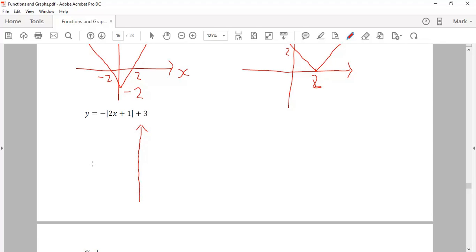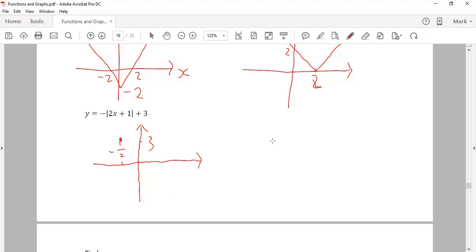Let's just focus on the absolute value bit without the negative. 2x plus 1, we know that's going to move it to the left by a half, because you get 2x plus 1 equals 0, and then we solve for it, so it moves to the left by a half. We know that negative is going to make the V go downwards, and then plus 3 just means the whole graph moves up 3. So that means our corner should be there.